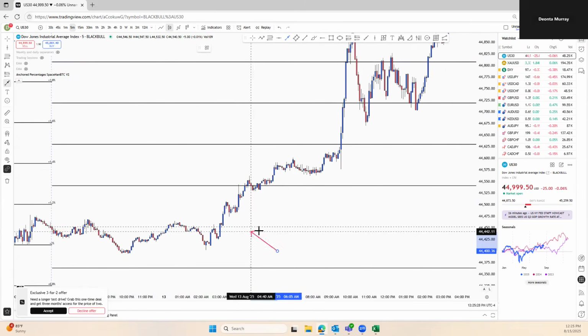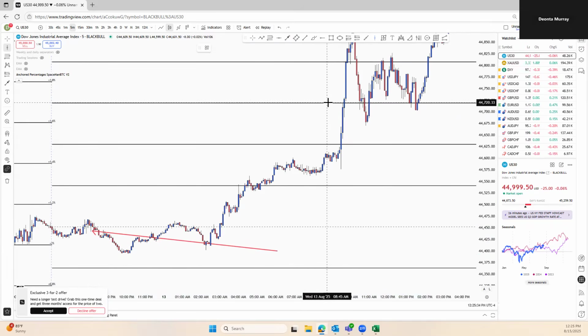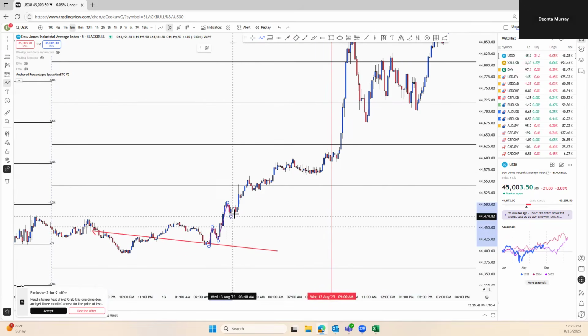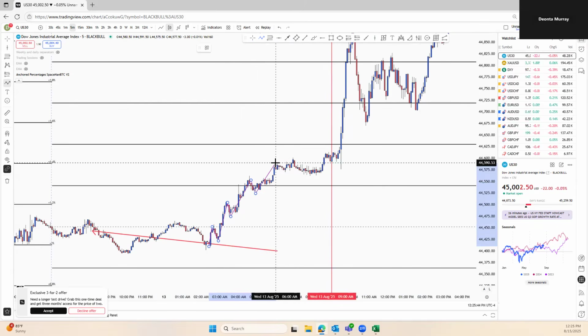So the opening started here, which gives us this line going across. And before 9 o'clock, which is here, what is the trend showing us? Higher highs, higher lows, higher highs, higher lows, higher highs, higher lows.